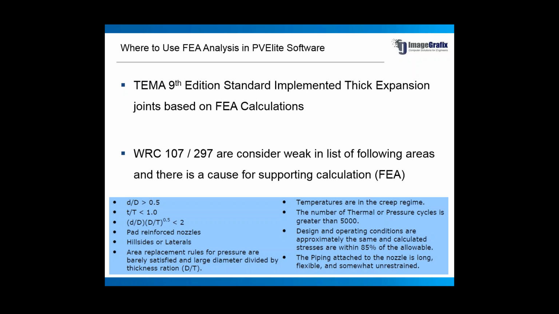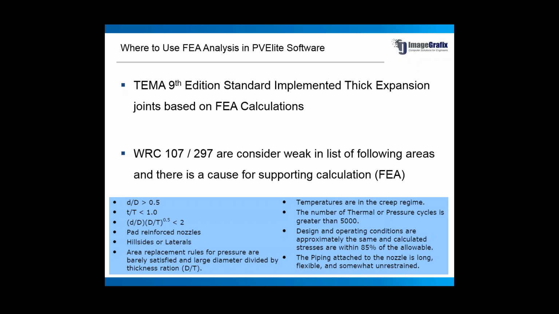In that case, you need to go for an FE analysis to fulfill your ASME inspector's requirement. The points considered weak in WRC 107 and 297 are listed here for you.